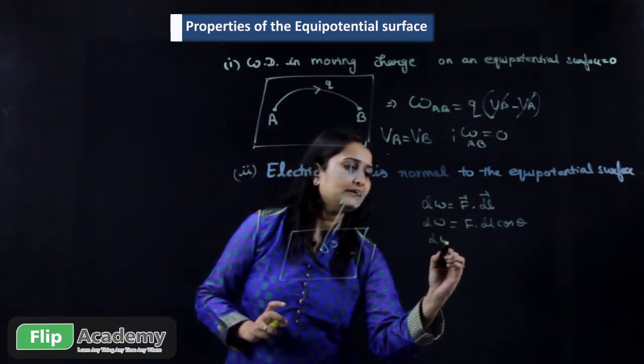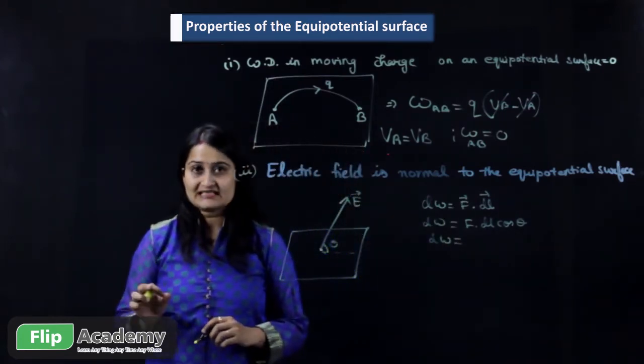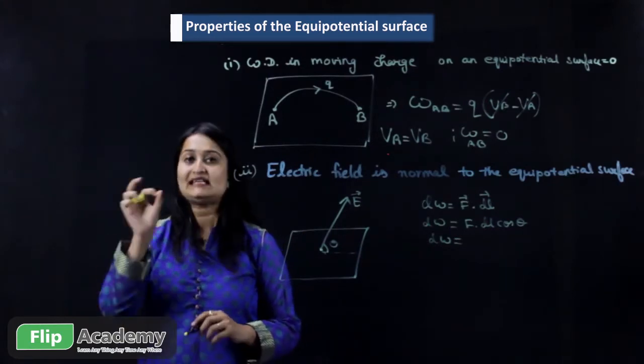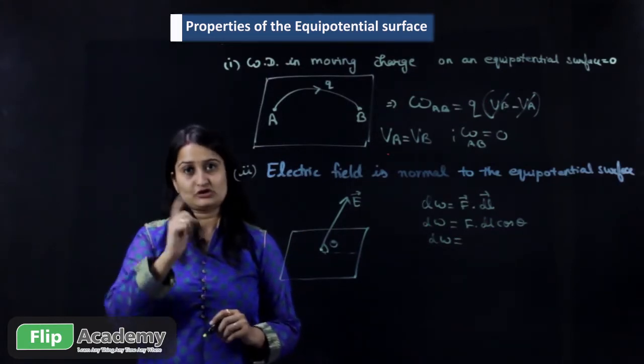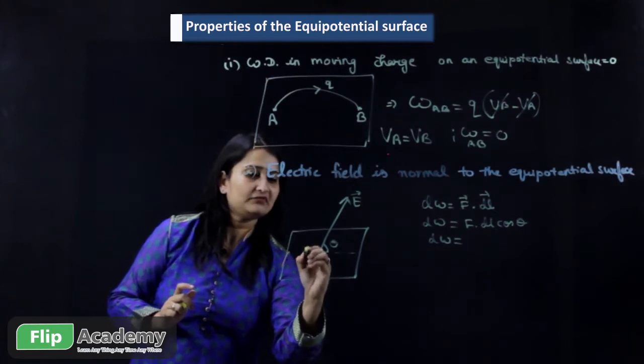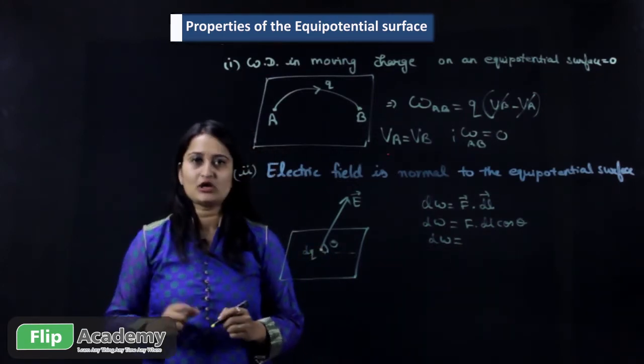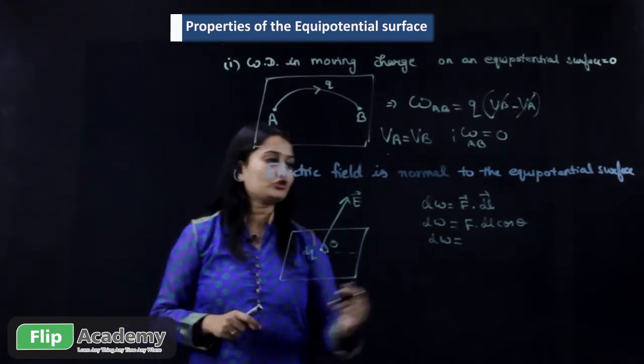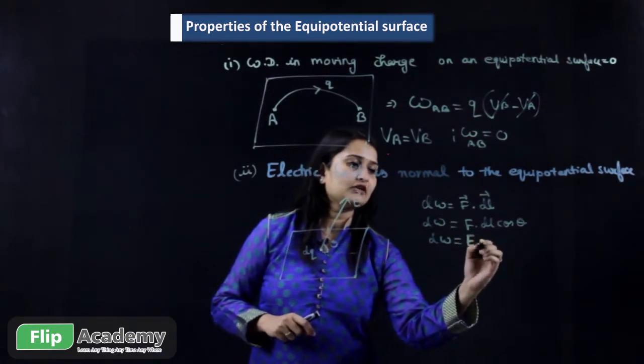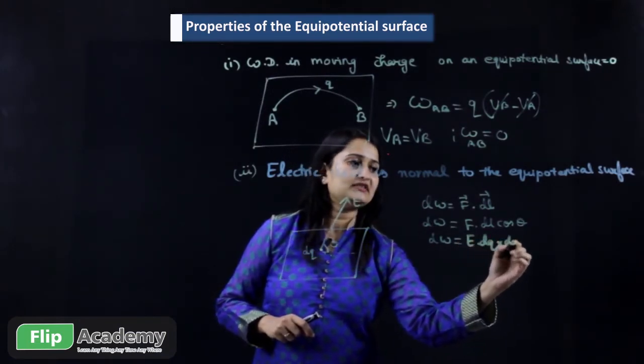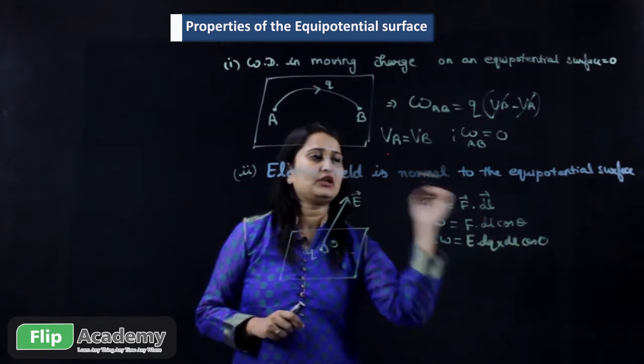Now similarly, what is force? Force is given by electric field intensity into Q, that is the charge. Here the charge that we are going to take is dq, a very small amount of charge. So instead of force, we are going to write E dq dl cos theta, as given there.